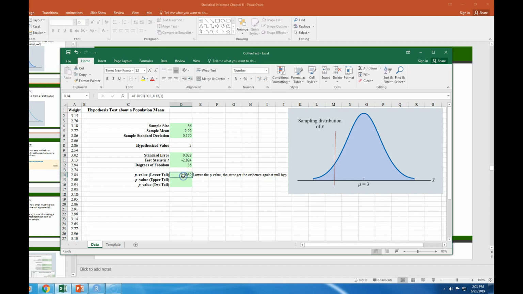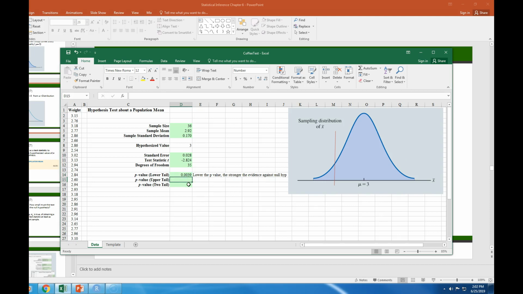In this case, we have a really small p-value, which is close to 0.4%, and we can clearly say that we have to reject the null hypothesis. In fact, the alternate is true, that Hilltop, the coffee company, is in fact underfilling its coffee cans.